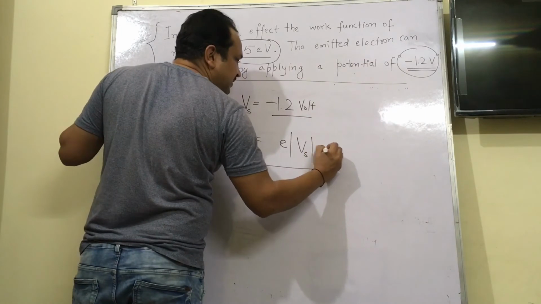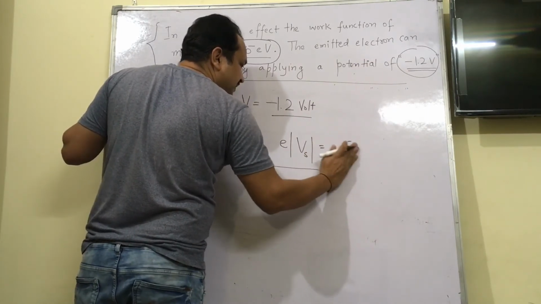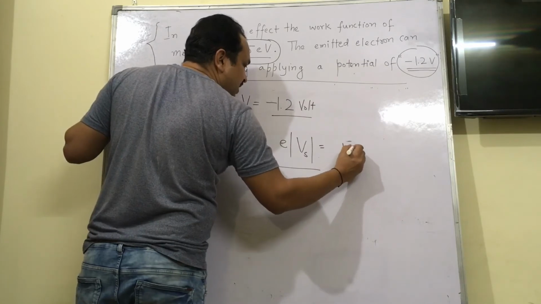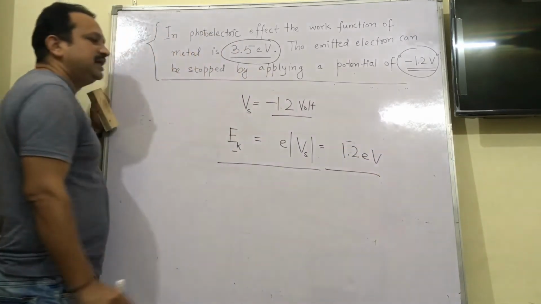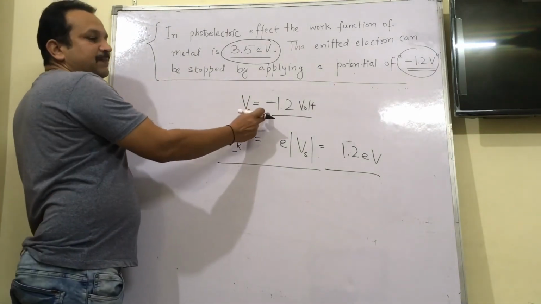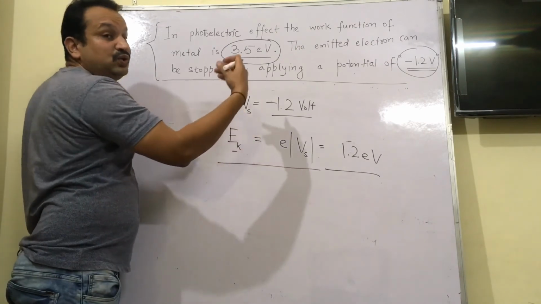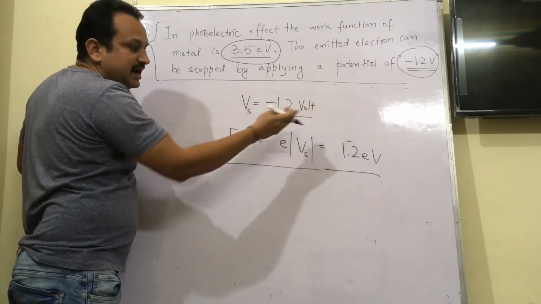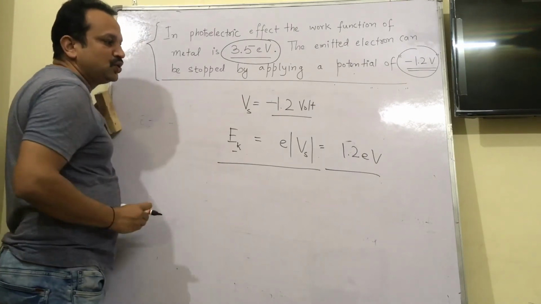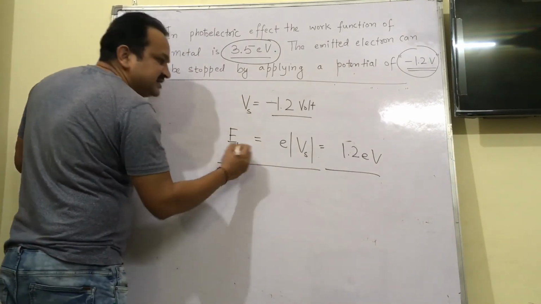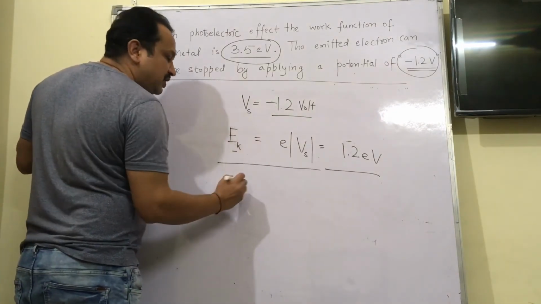So I can write it this way, 1.2 electron volt. It means if I apply this much potential, the electron will not go to the collector plate. It means this is equal to the maximum kinetic energy. So Ek, that is, maximum kinetic energy, is equal to 1.2 electron volt.